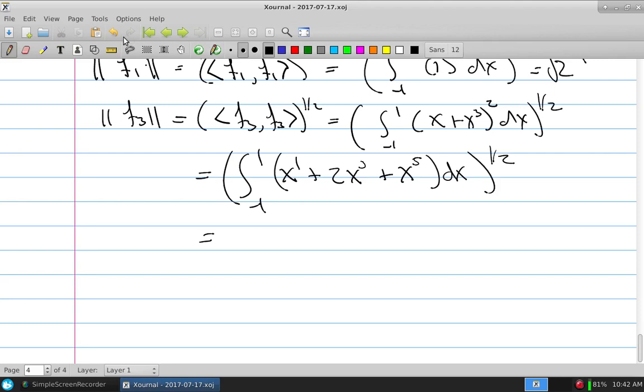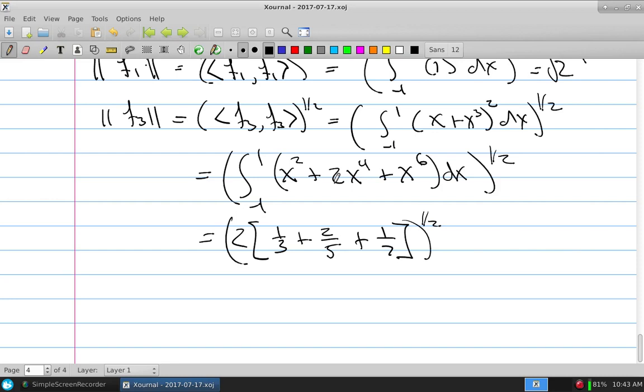So I could double everybody, and this would be 2 times (1/3 plus 2/5 plus 1/7). I double it because of the evenness, and then I take this all to the 1/2 power, whatever that is.